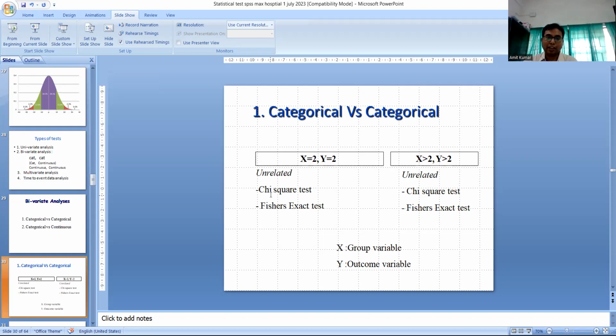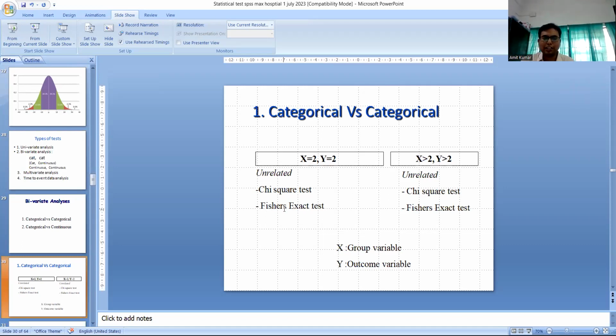This is the basic funda to know when we apply the chi-square test. In another case, some modification is there when your sample size is very small, and once you make the 2 by 2 table and some of the frequencies are less than 5, then a correction is required.